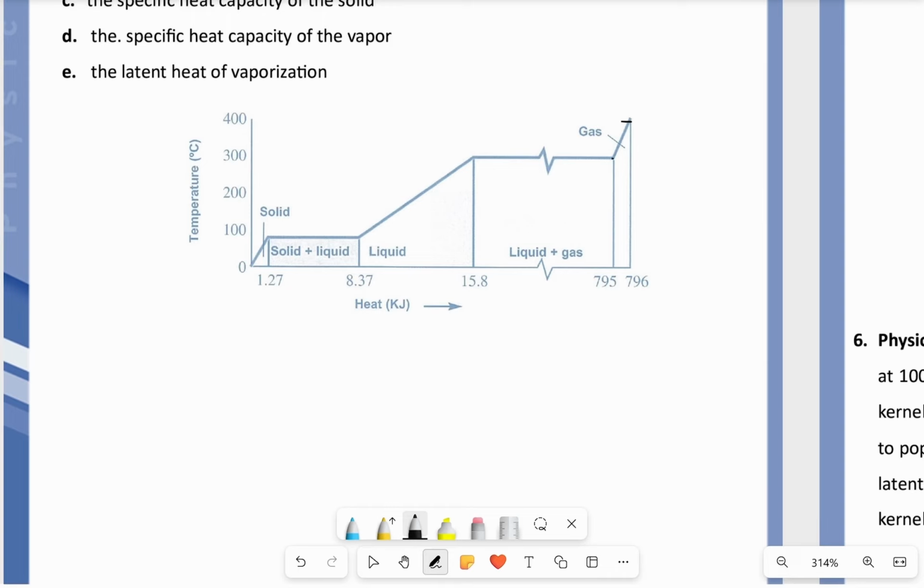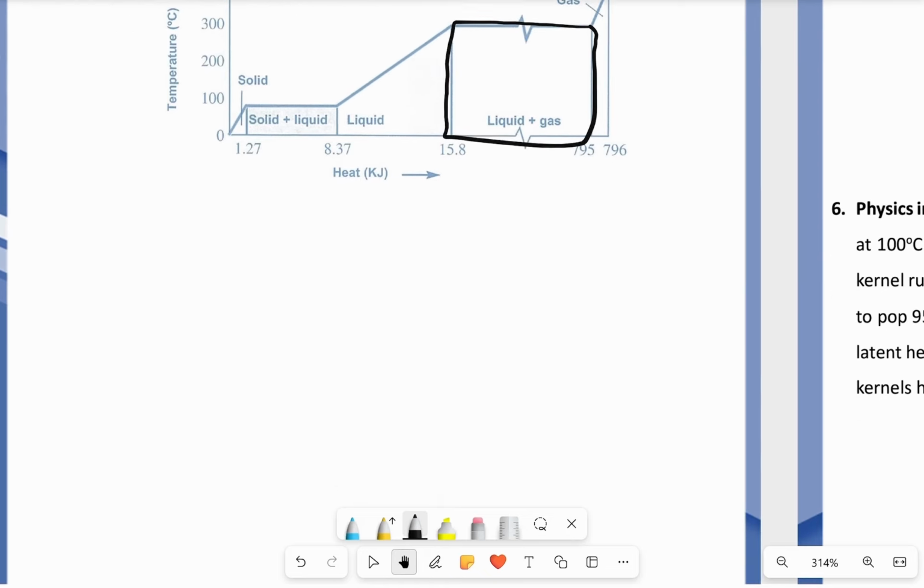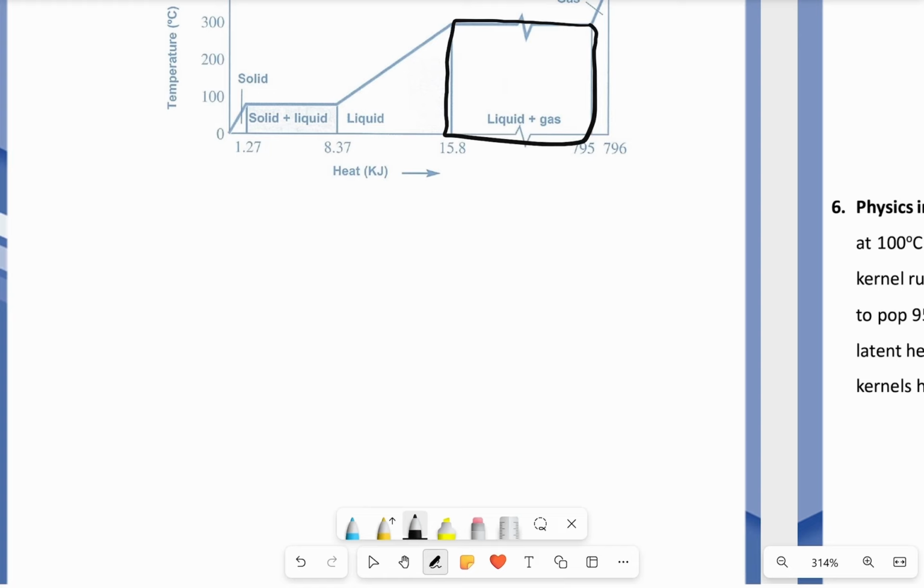Here, look at this one. We can use this to find the latent heat of vaporization. So Q for this one is going to be 795 minus 15.8.